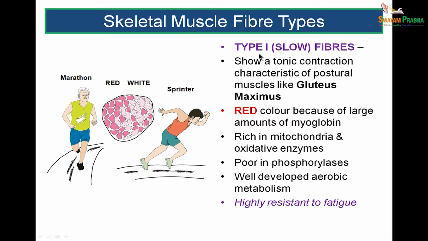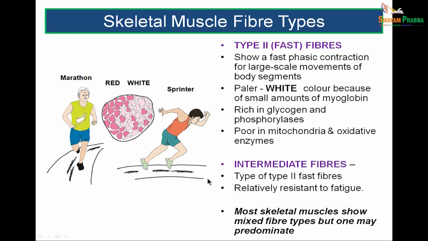So you have type 1 slow twitch fibers like gluteus maximus. They are red in color because they have a large amount of myoglobin in them. These are seen more in the marathon runners and they are highly resistant to fatigue. On the other hand, you have type 2 fast twitch fibers seen mostly in the sprinter muscles.